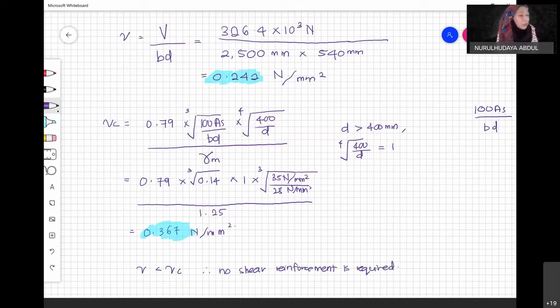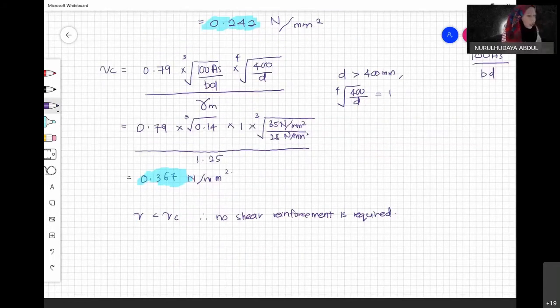Jarang lah kita dapat VC ni lebih besar dari V. Don't have to worry because this is like pad footing, a simple pad footing. Dia bukan like pad footing combined with mat foundation and such, sebab dia ada combined footing so normally that one like different kind of design.